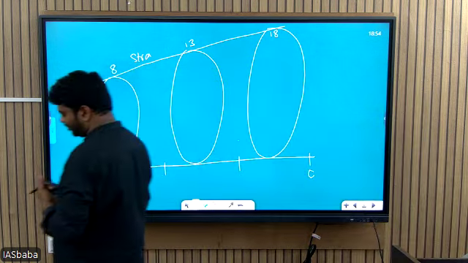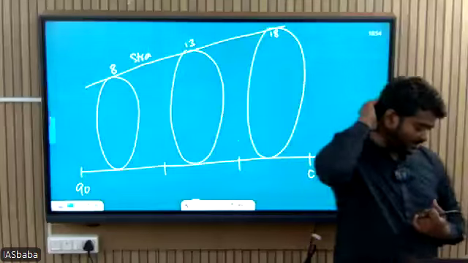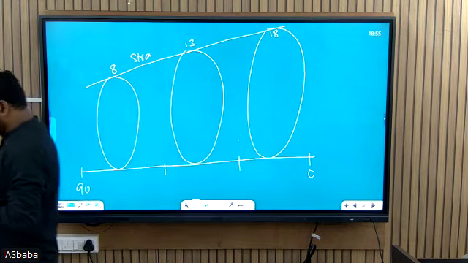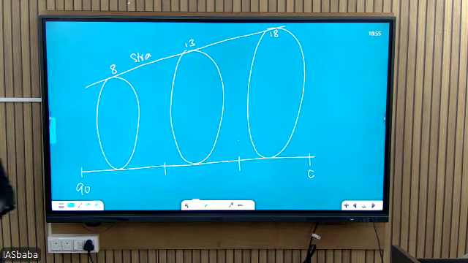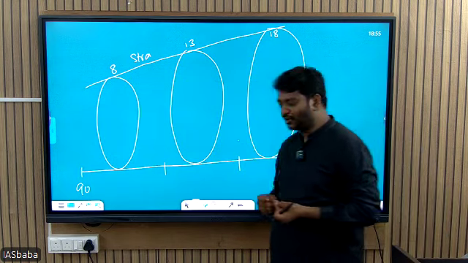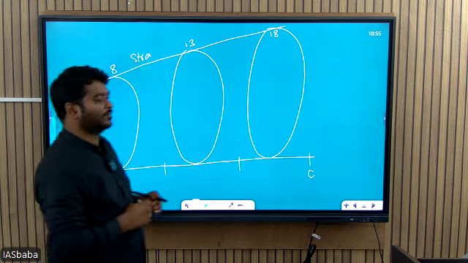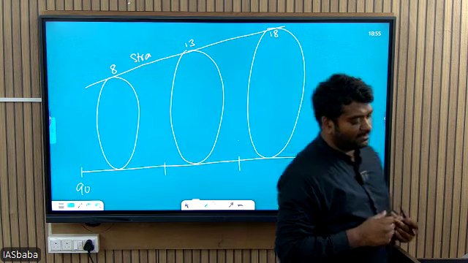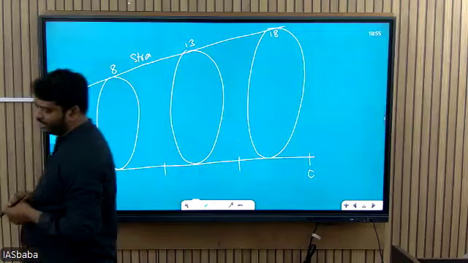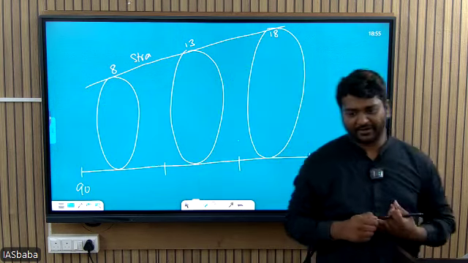Next point. Restricted area - some airspace is controlled by the Air Force, and in that area, other aircraft cannot enter. Next point.